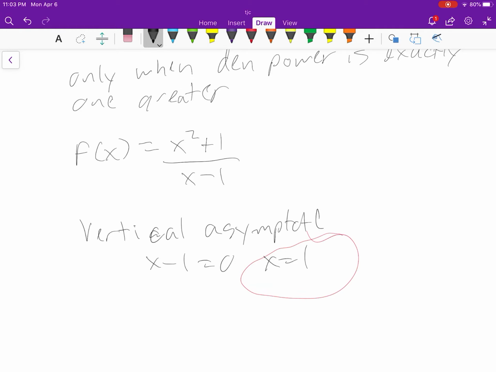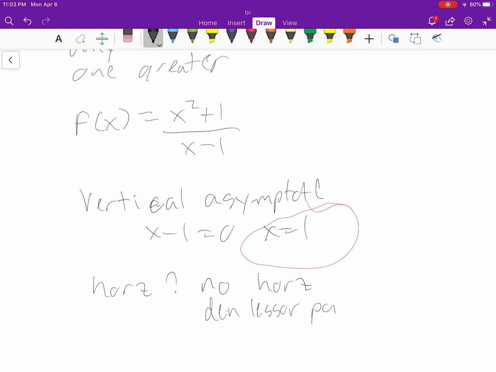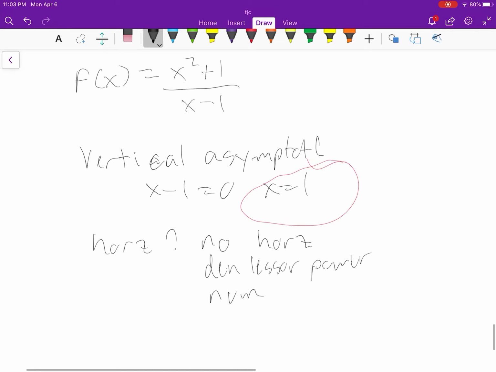Now, does it have a horizontal asymptote? Yes or no? No, it doesn't. Why not? Because the denominator has lesser power than the numerator. So it doesn't have a horizontal, which means it doesn't have to have a slant, but it could have a slant. So does it have a slant asymptote?